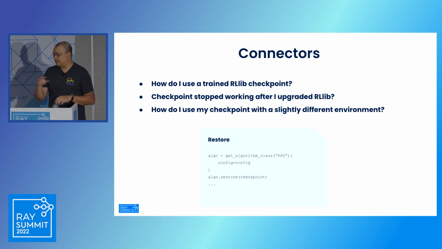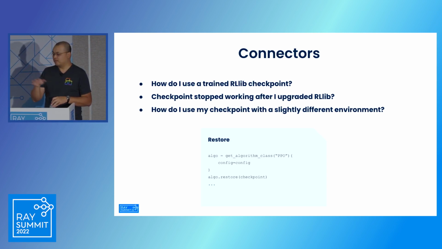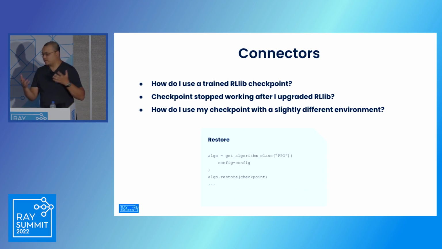So that's clearly very problematic, because that made people very reluctant to upgrade the RLlib version, because every time you upgrade, that means the old policies you've trained become obsolete. You basically cannot restore those anymore. Also, a lot of feedback we got from users is that people's environments are usually not static, right?